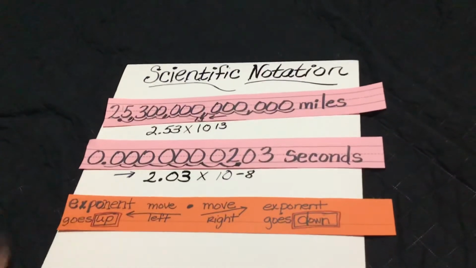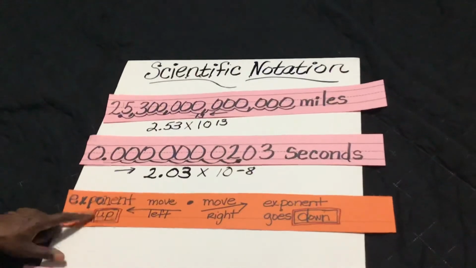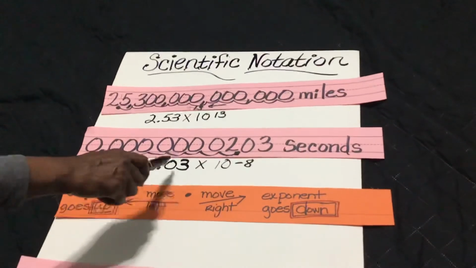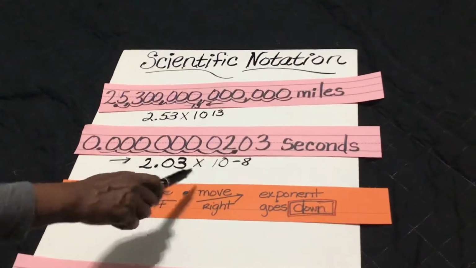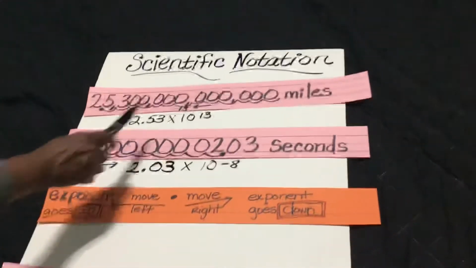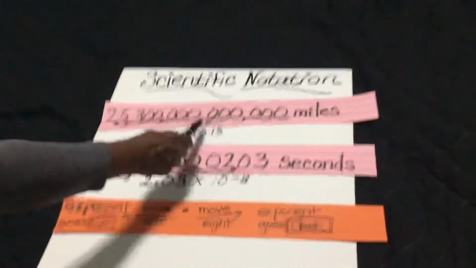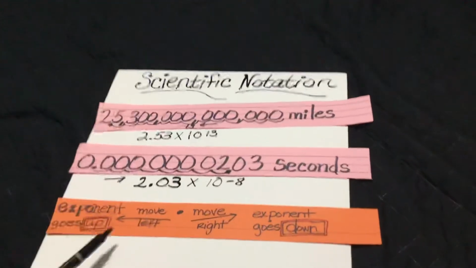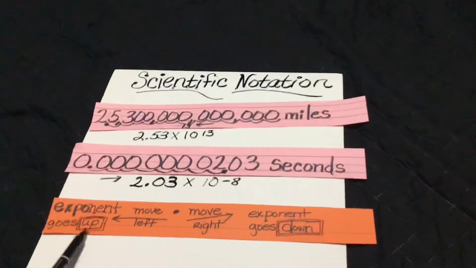So I've provided you with some rules. When you figure out what your exponent is going to be, if you move left, going back this way, then my exponent is going to go up.